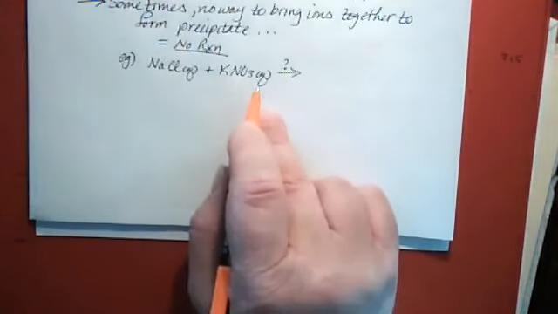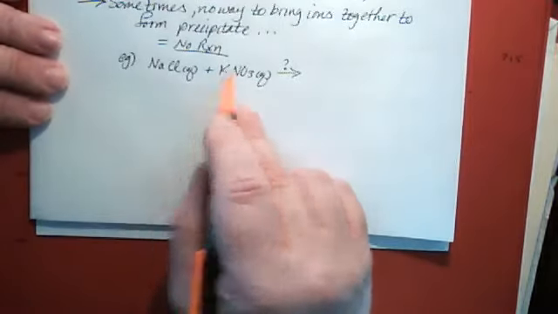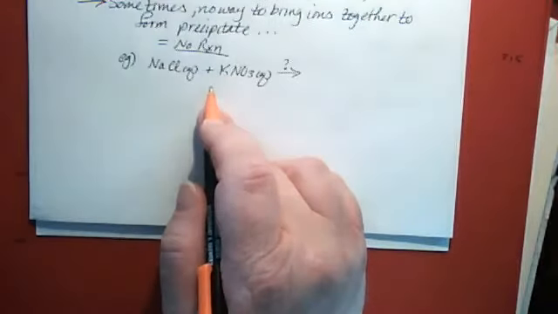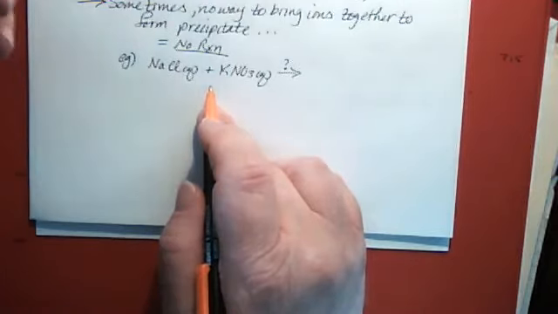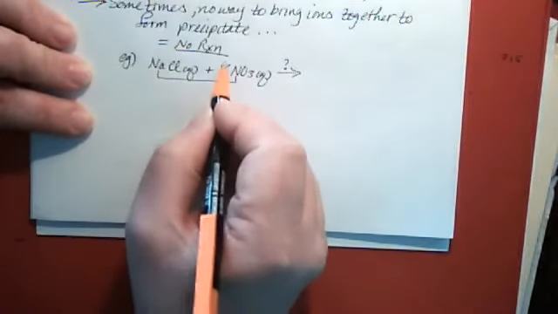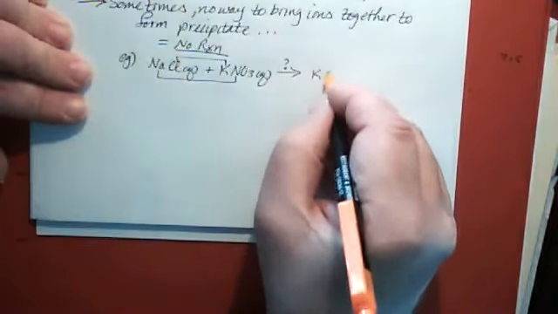In this type of reaction, if you were going to form any products, you would expect it to be obtained by rearranging, basically taking the positive ion of one reactant and combining it with the negative ion of the other reactant. So you would expect sodium nitrate and potassium chloride as your products.